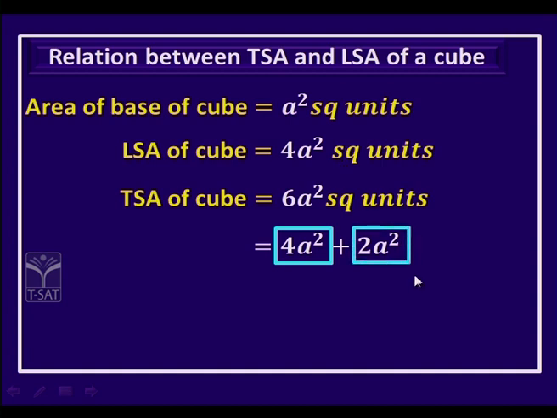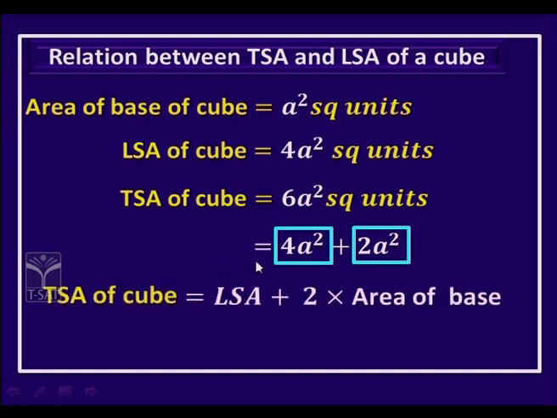And in this 2a², I can write this as 2 into a², and this a² is nothing but the area of the base of the cube. That means, I can write this as LSA of cube plus 2 into a², which is the area of the base. Hence, I can say that the total surface area of a cube is the lateral surface area of the cube plus 2 into the area of the base.